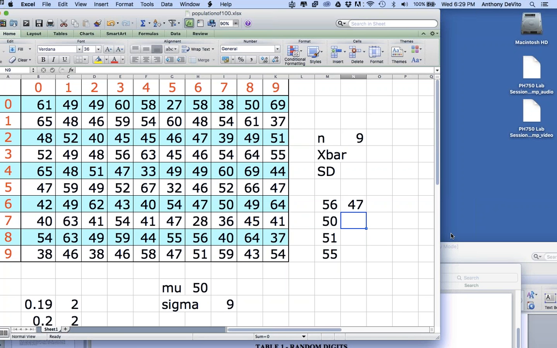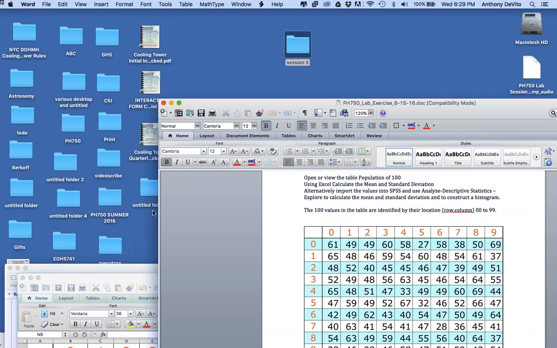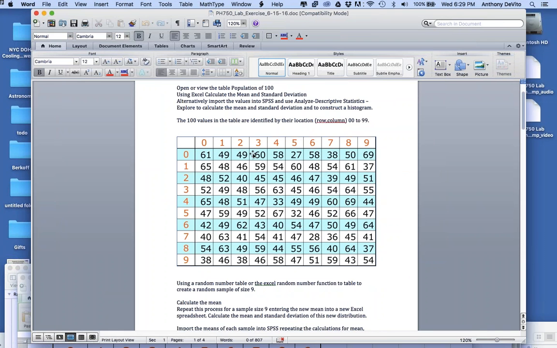What I'm doing is using the random number table. This is a population of 100 people, and these are the values for 100 people, whatever the measurement happens to be: blood pressure, blood sugar, whatever.